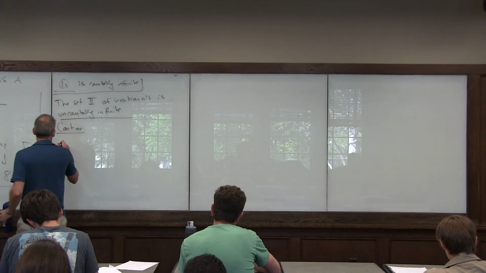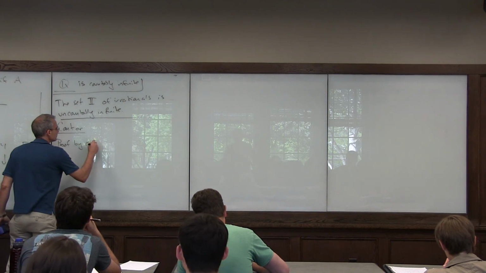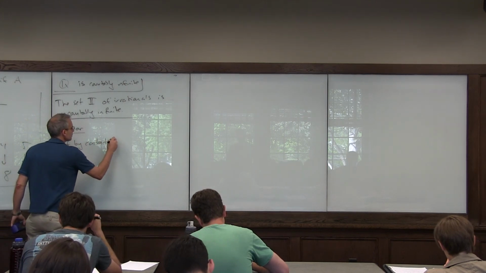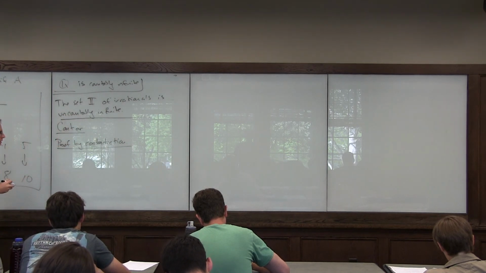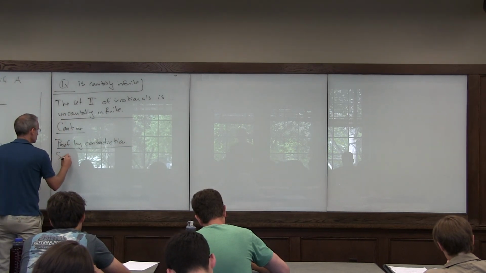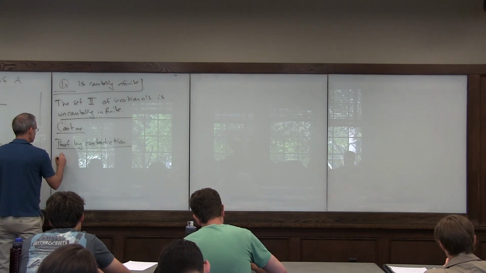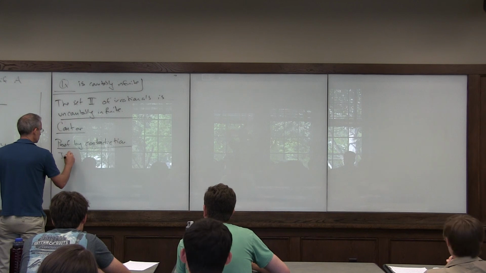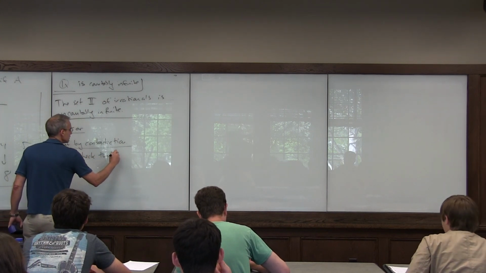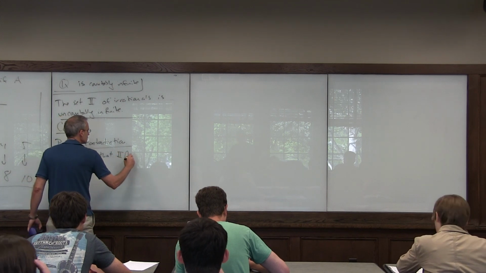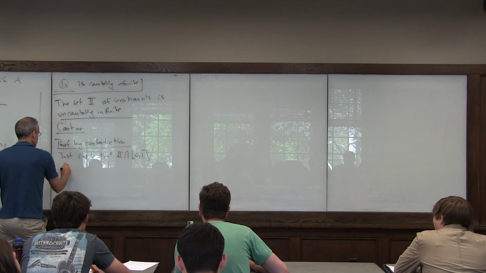Okay, so we're going to do a proof by contradiction. Also, we're just going to check that the set of irrationals intersected with (0, 1) is uncountable.